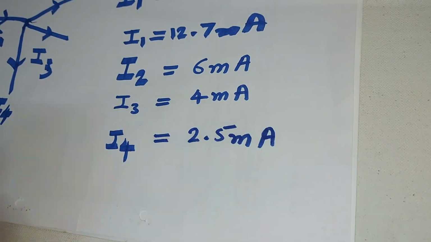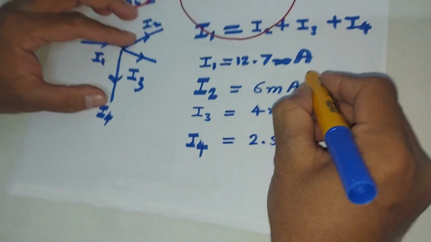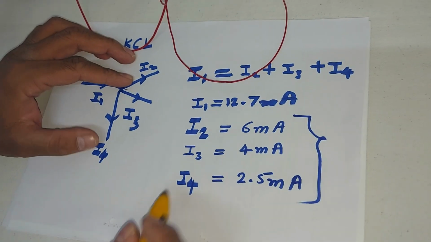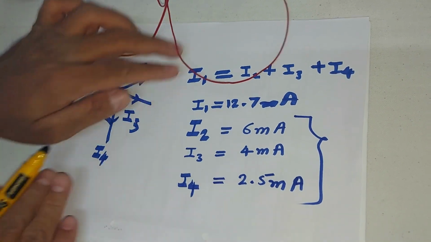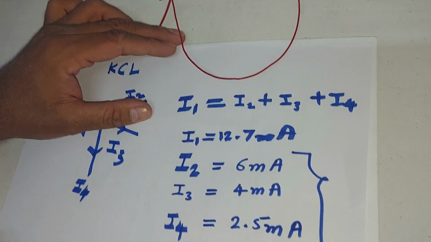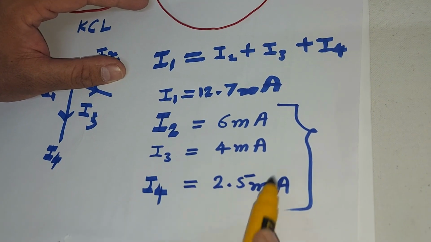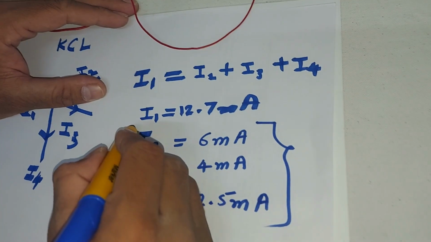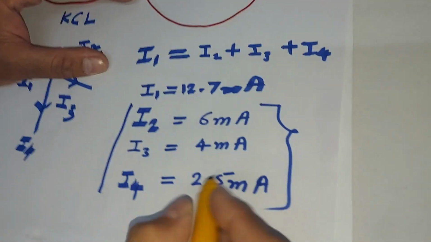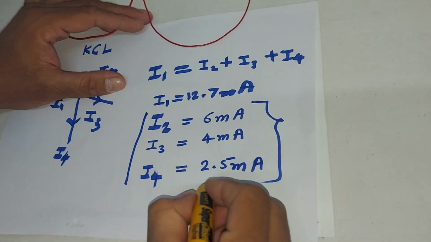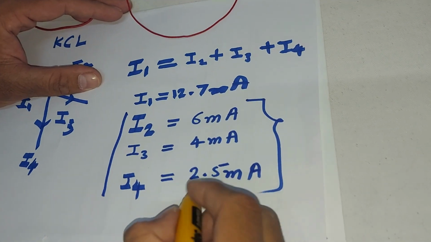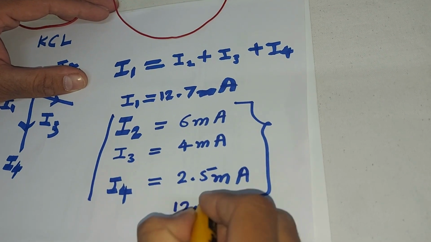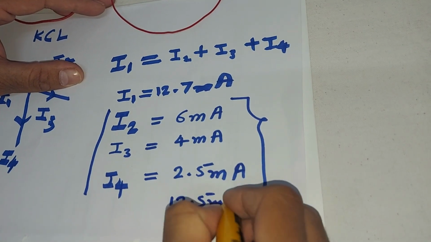Now here if we add all these three currents, that is I2 plus I3 plus I4, 6 and 4 is 10 and plus 2.5, we get the total as 12.5 milliampere.